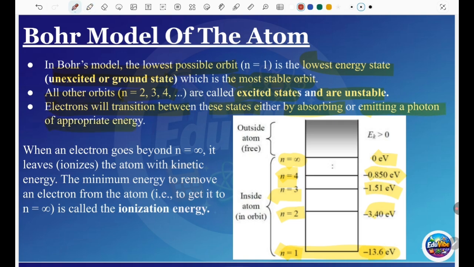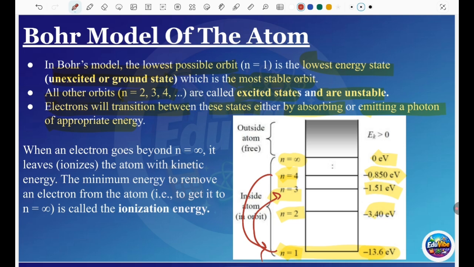You can go from n1 to n3, or from n4 to n1. These are called energy transitions, and they happen by absorbing or emitting a photon. We discuss later in this lesson when they absorb and when they emit, the lower to higher transition and the higher to lower transition.